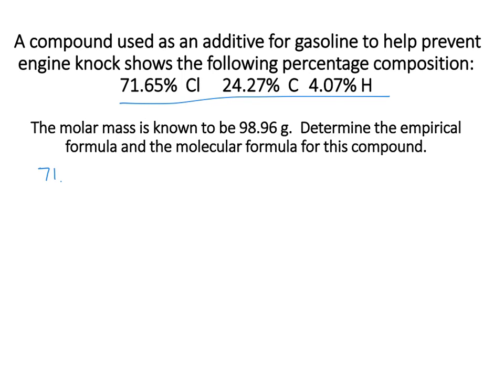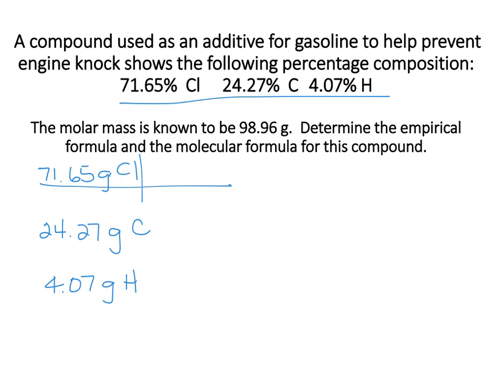So we're going to take our percentages and change them into grams. This time there just happens to be 3. That's the only reason that this one is a little more overwhelming. We do our molar masses.